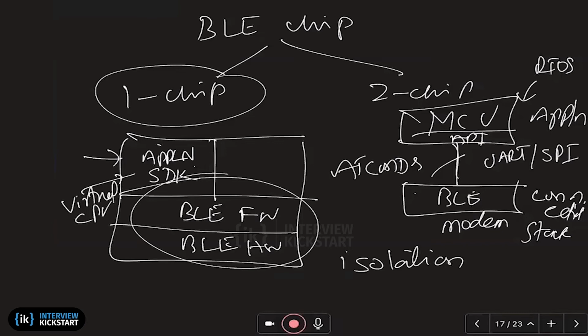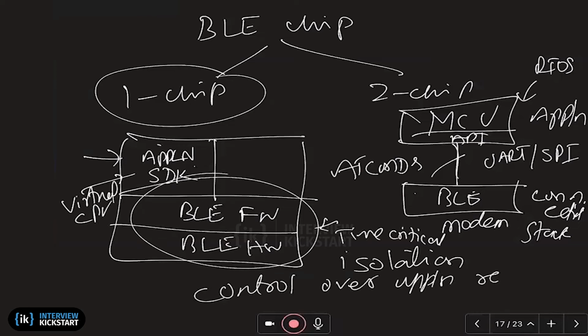The separation here is not just modularity, but in terms of protecting the logic, the time critical operations here, and application can only do certain things. So the control here over application resides with the protocol firmware. Only when it has done its things and there is spare cycles, it will give control to the application.